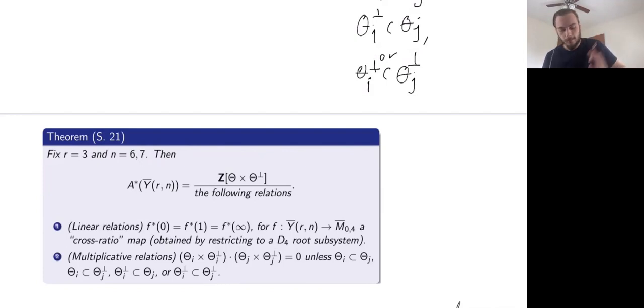So that's one of the main applications of these techniques, and I hope that they can be applied to many more examples of compact moduli spaces, but I'll stop there.